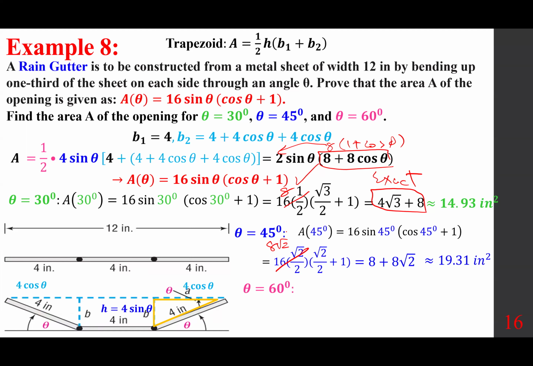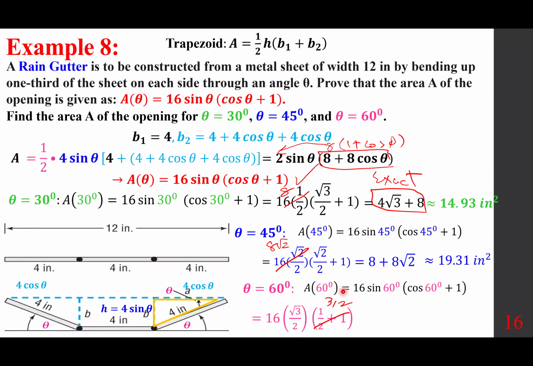And finally, 60 degrees, you plug in. Sine is square root of 3 over 2, and cosine is 1/2, which makes this one 3/2. Okay.